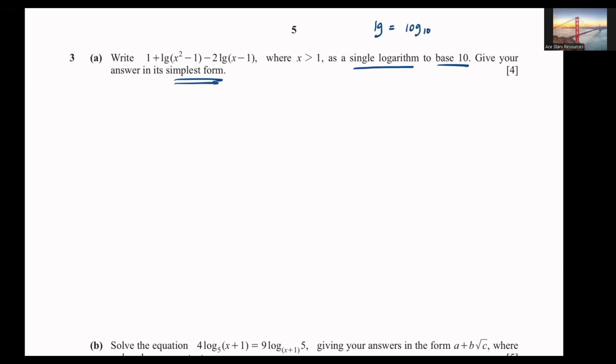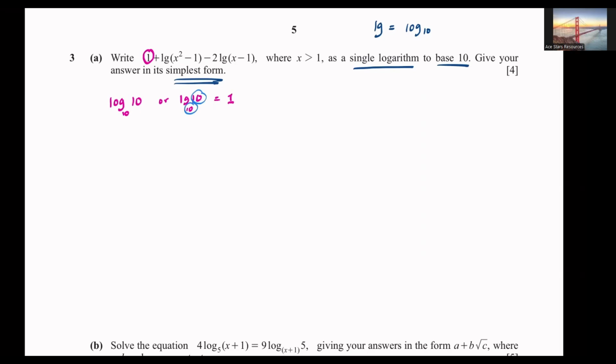Right? So technically this is okay, but since there's a 1 here, this question requires you to know some characteristics of special logarithms. So you know that log 10 or lg 10 will always give you 1, because they have the same base. When the index and the base are the same, they'll always give you 1.